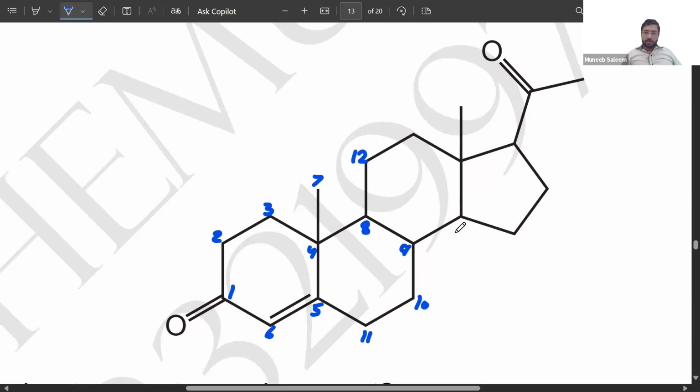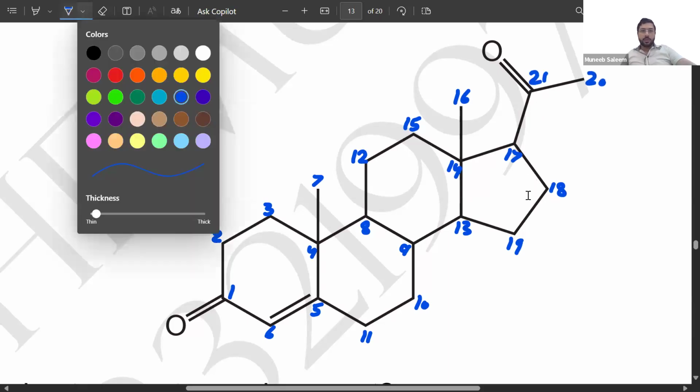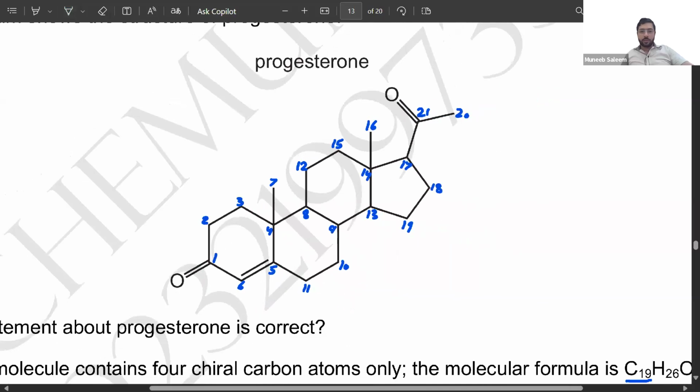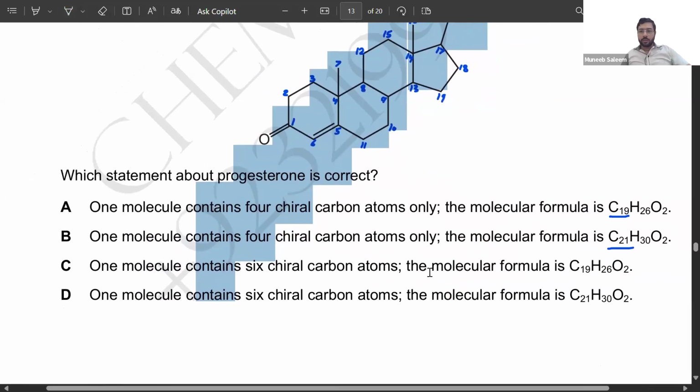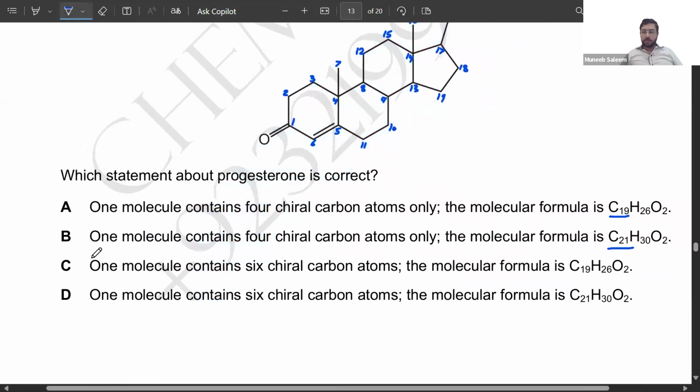This is 12, 13, 14, 15, 16, 17, 18, 19, 20, and 21. So there are 21 carbon atoms in this compound, which means the correct option should have carbon number 21. So B and D are correct ones.